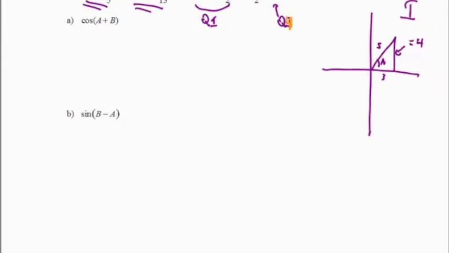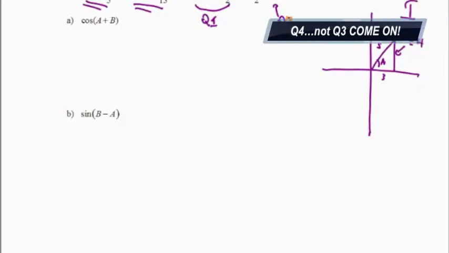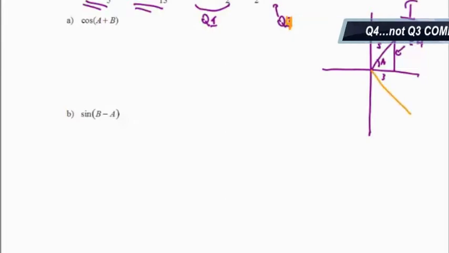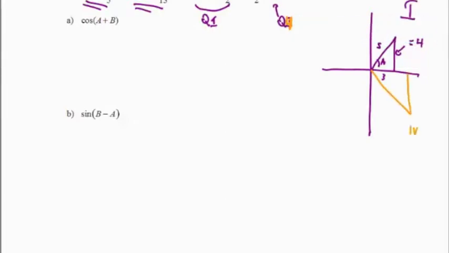The same way, and I'll draw in a different color, the cosine of B is 5 over 13, but we know that that is in quadrant, oh, I said 3, I totally meant 4, that this angle is in quadrant 4. And how do we get that?